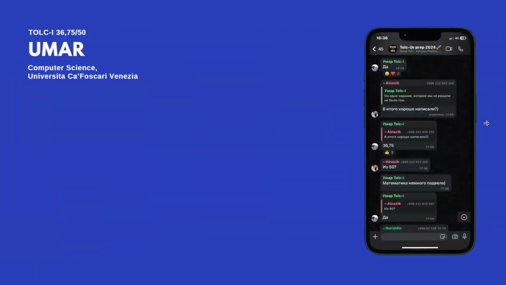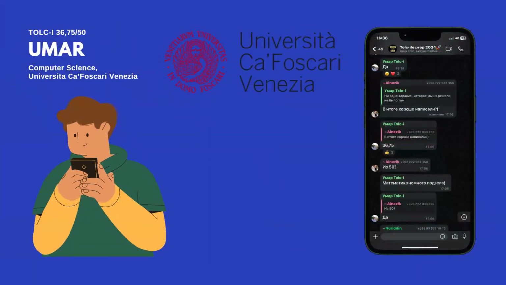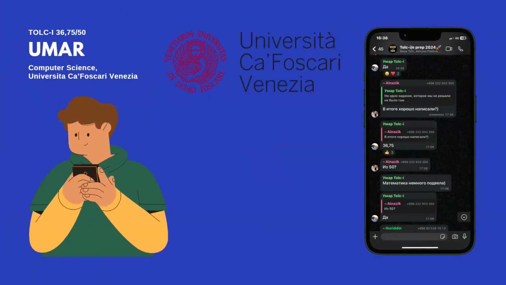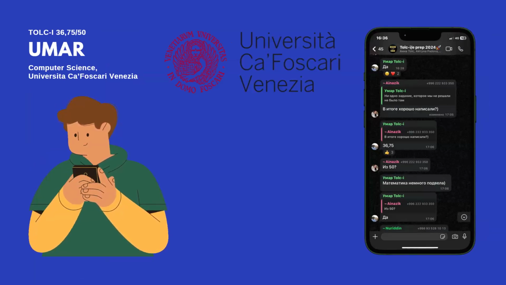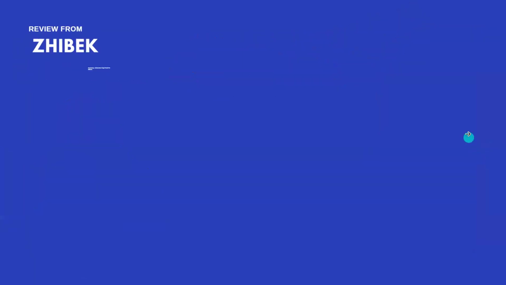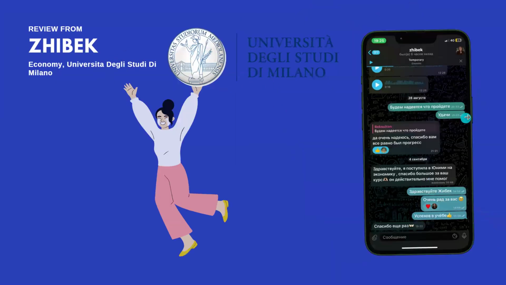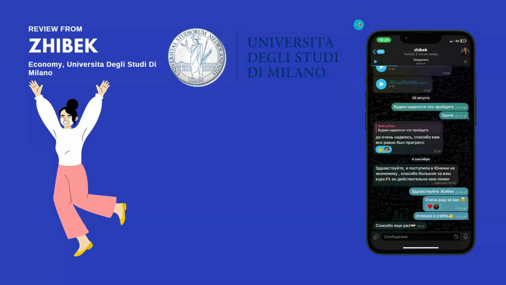Okay, now here is Umar. Right now he's studying in the University of Venice, in the computer science program, and 36.75 was enough for him to get into this program. And there is Jibek, who actually took TOLC at the last moment.